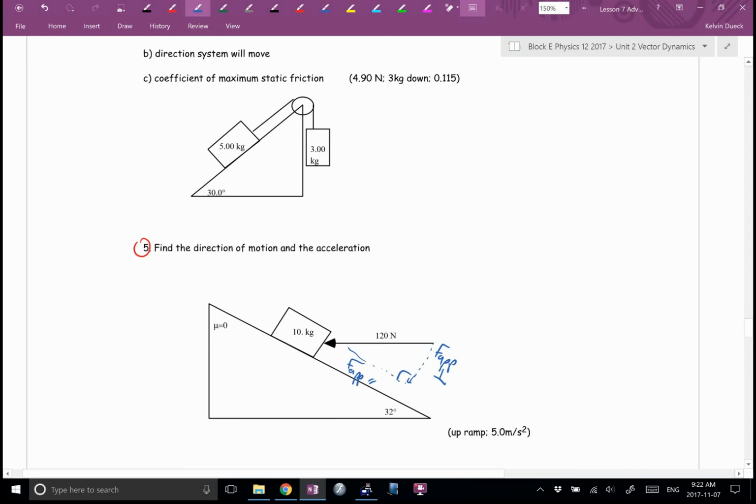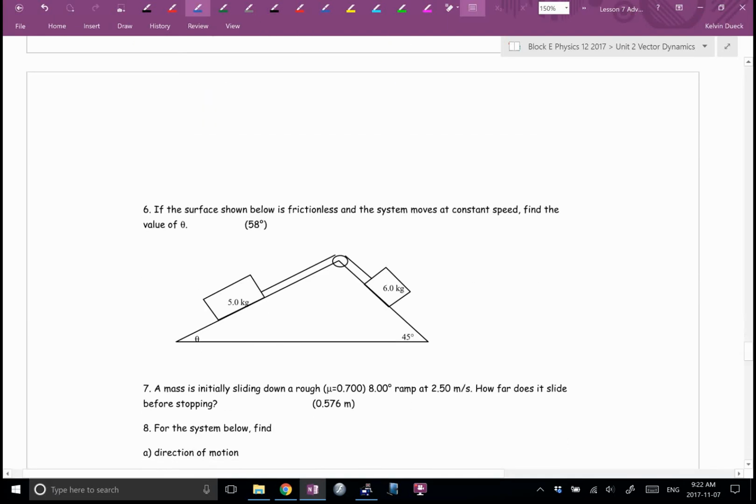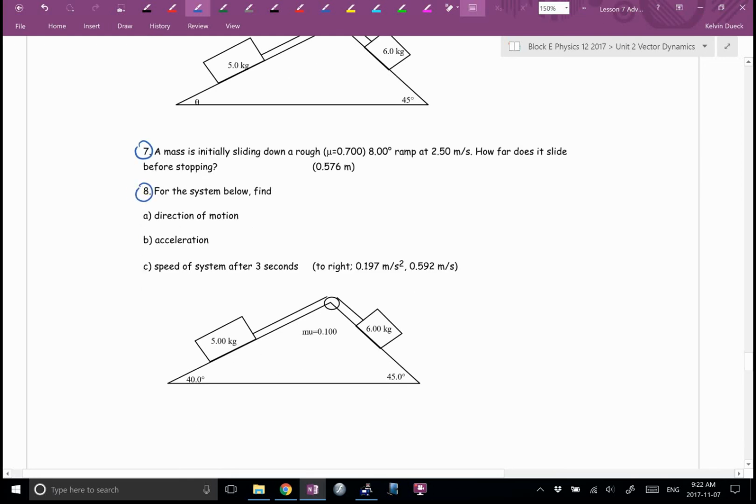And you're going to find you get a different normal force. I'm not going to ask you to find an angle theta. 7 is good. 8 is good.